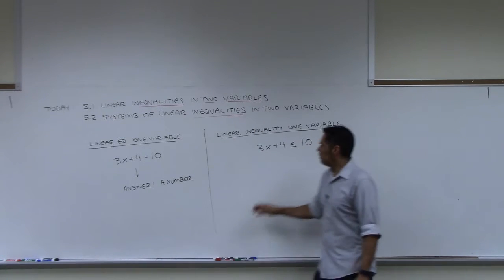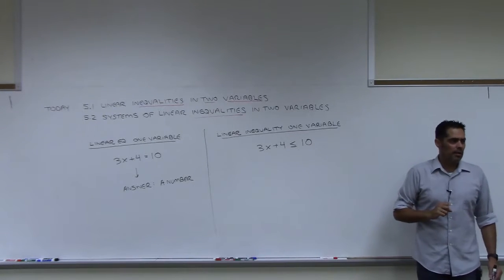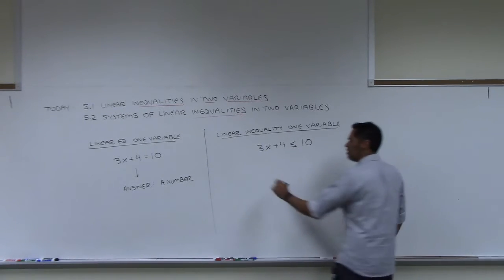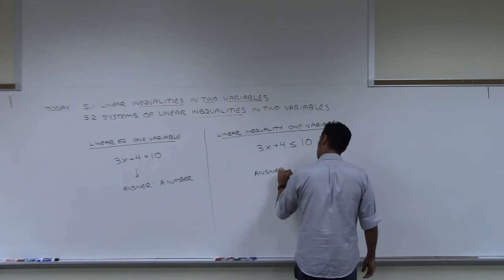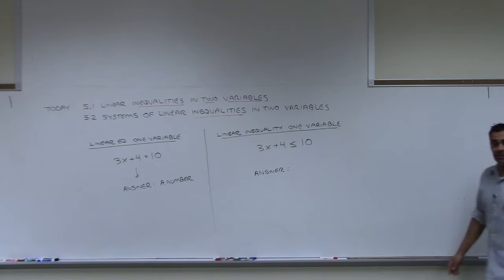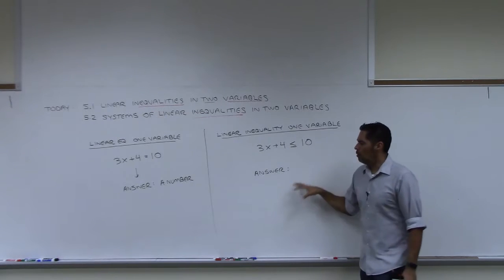We still have linear because it's x to the first power. There's 1 variable in there. And when we solve this, what does the answer look like here? Anyone remember? If I say solve this linear inequality in 1 variable, what will your answer look like?